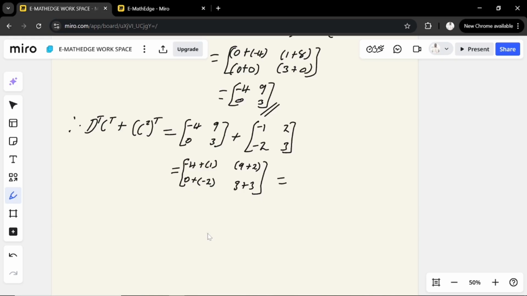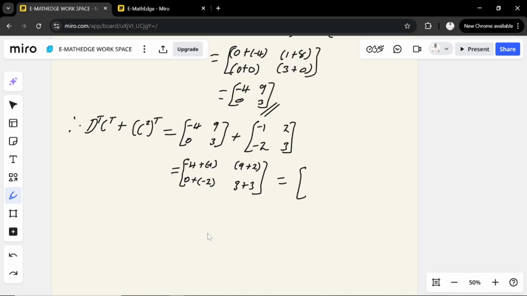This is going to give us now -4 plus, mind you, we have -1 here, so it's going to be -4, -1, because positive and negative is going to give us negative.